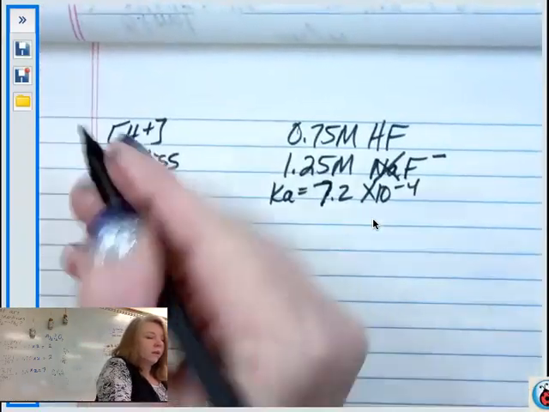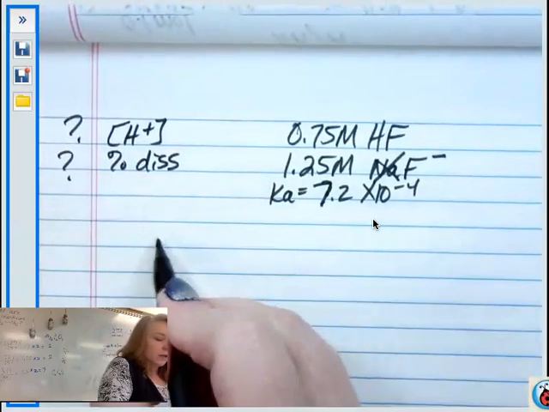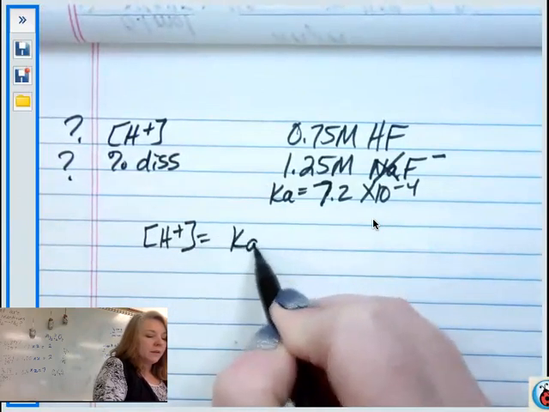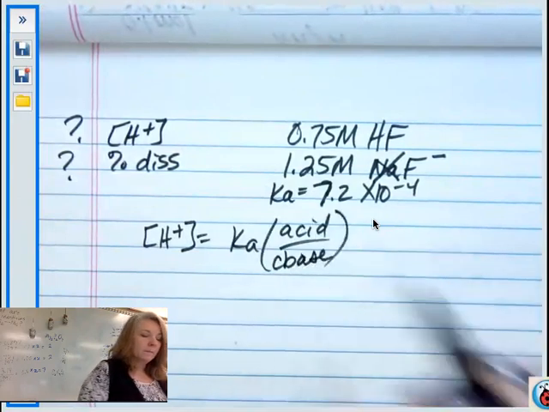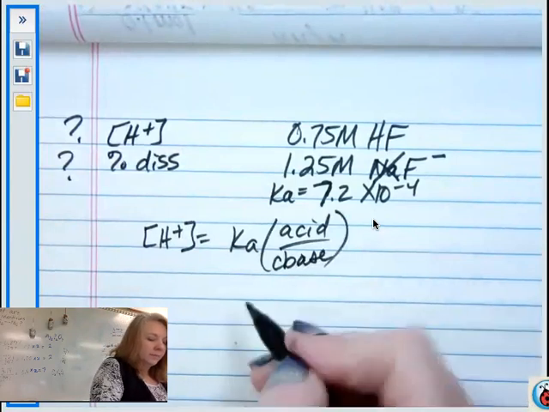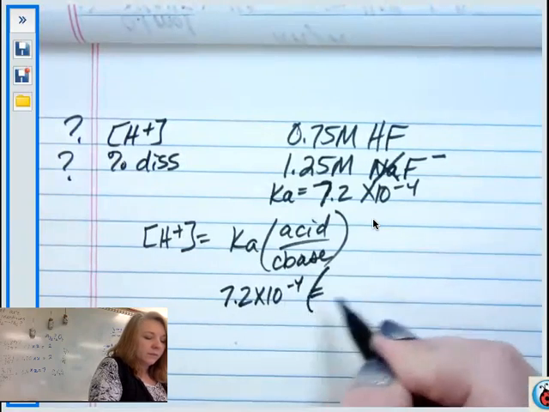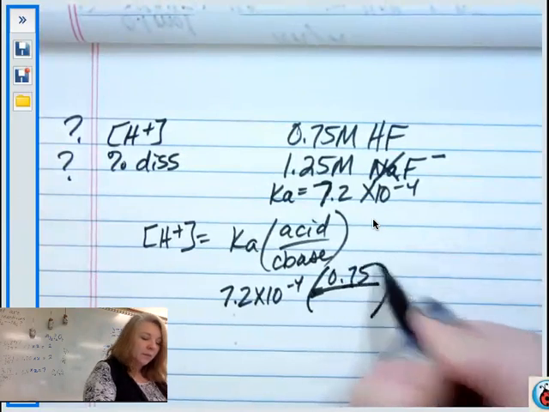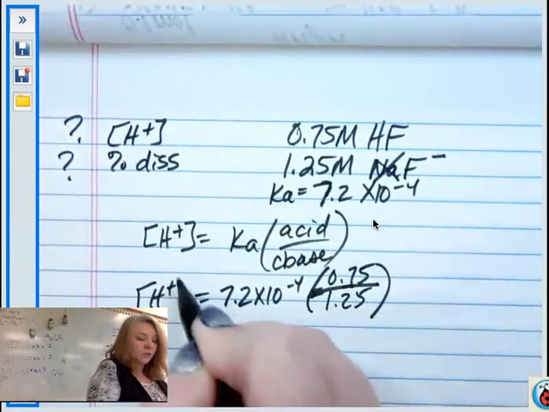Okay, so here's my information that I have written down. We're looking for percent dissociation. Again, we're going to use our little equation. H plus is equal to Ka times C acid over C base, the conjugate base. So I'm going to plug my numbers in. I've got 7.2 times 10 to the negative 4th, times my acid part, 0.75, over my base part, 1.25, and that will give me my hydrogen ion concentration.